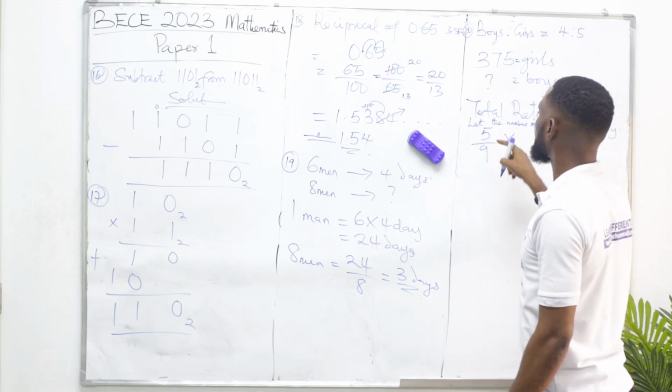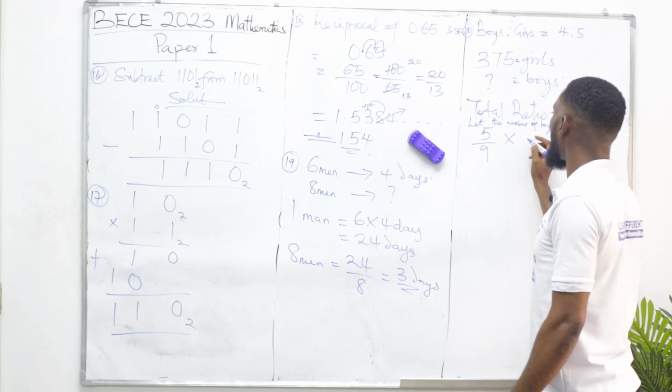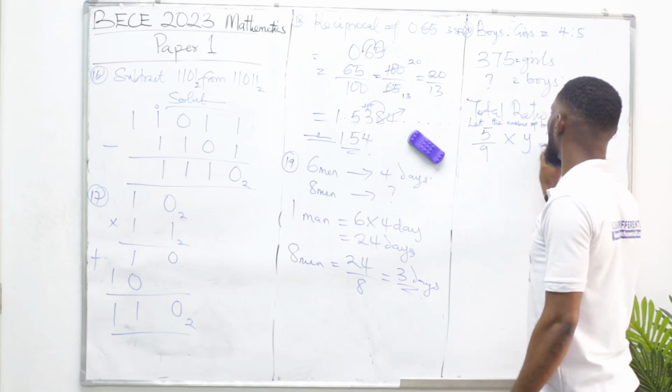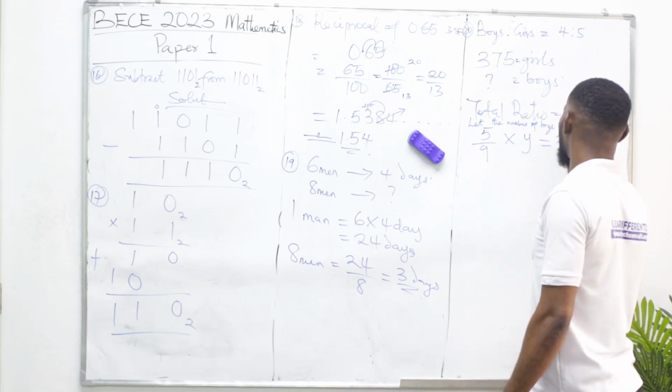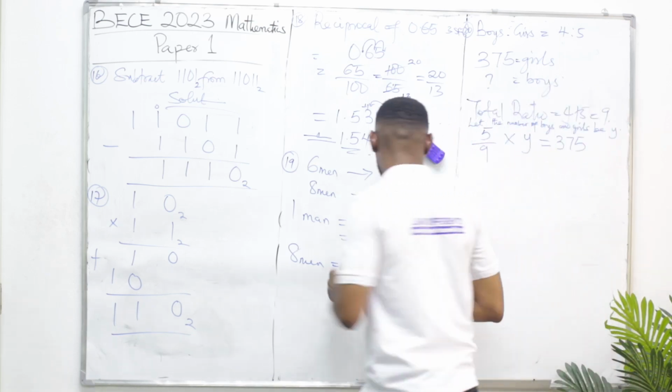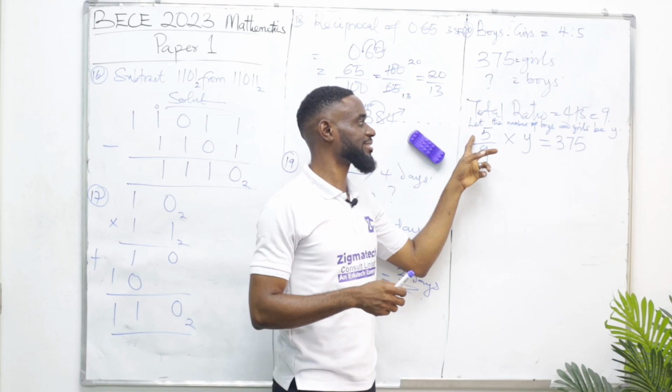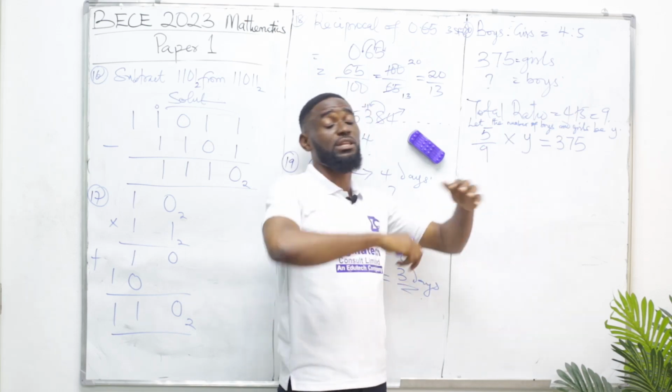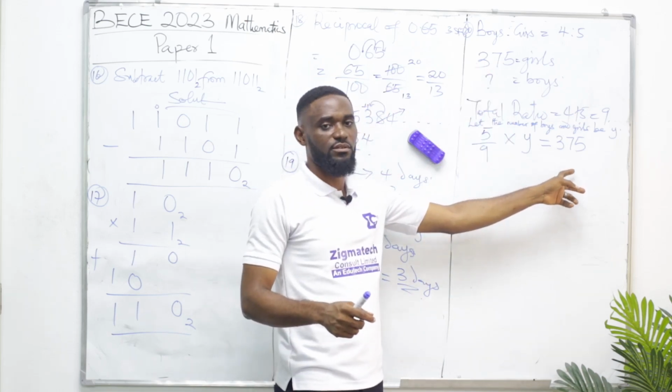So this means that 5/9 of y is equal to 375. This is for girls. We are using the ratio for girls. The ratio of girls of the total number gave us 375. Do you get the point?